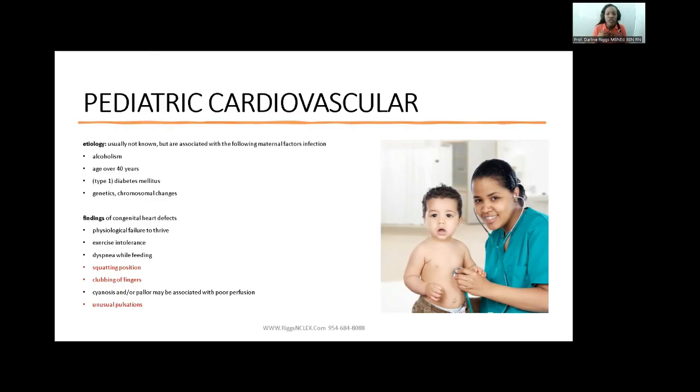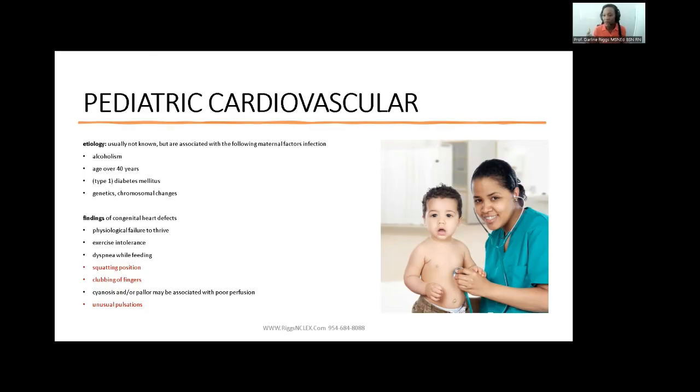But findings, how do these children look, right, as they get older? This is what I was talking about earlier. You need to be aware of these things. These children with cardiac anomalies usually have what we call failure to thrive. So failure to thrive means they don't meet their developmental milestones.